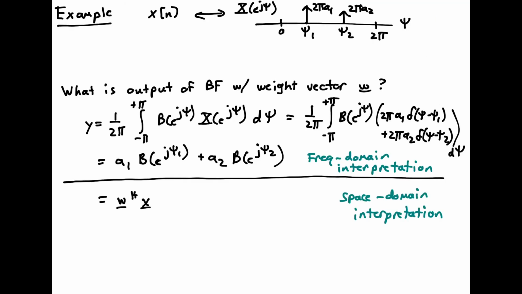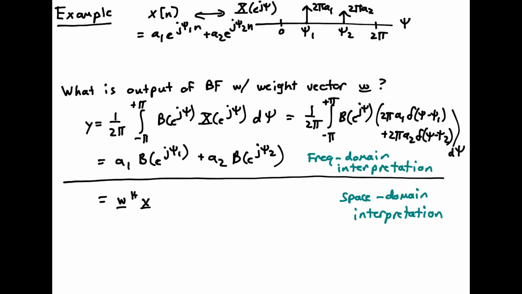Okay, so now let's see an example for the beamforming context. Let's assume that our input x of n consists of two complex exponentials again. So x of n is equal to a1 e to the j psi 1 n plus a2 e to the j psi 2 n.